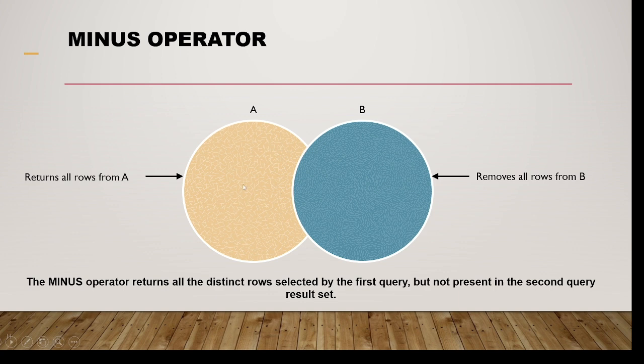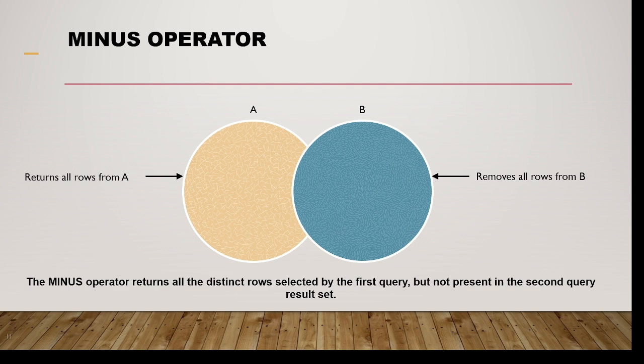Again here the number of columns must be the same and the data types of the columns being selected by the select statements must belong to the same data type group in all the select statements used in the query. The names of the columns again need not be identical.